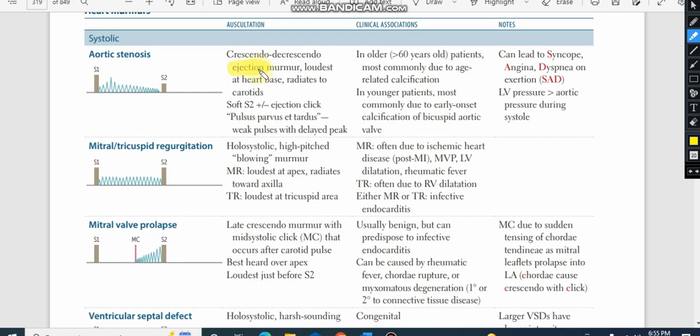So for the pulmonary and aortic valves, we will use the word not systolic but ejection murmurs, right? You can use systolic, no matter, but ejection murmurs are used. Okay. Now, the rest will be covered in the next part.